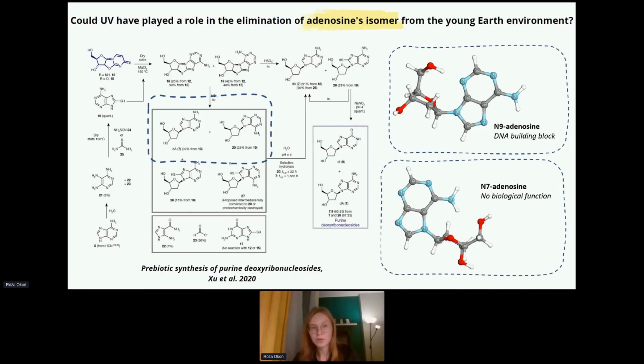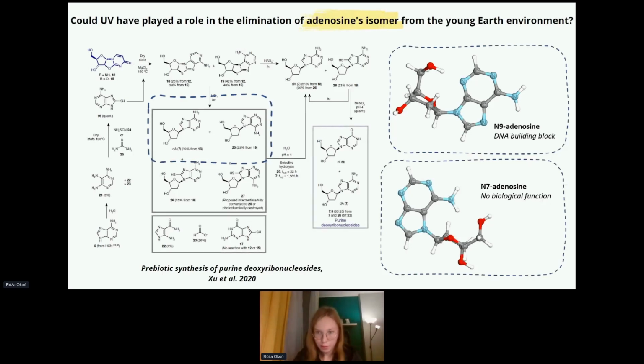Nevertheless, both of them are being formed in the synthesis proposed in Nature in 2020, and there is no clear chemical mechanism in the synthesis itself which could lead to the selection of one of these compounds over another.